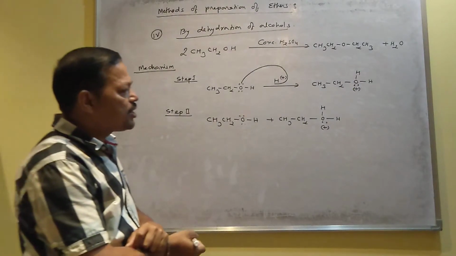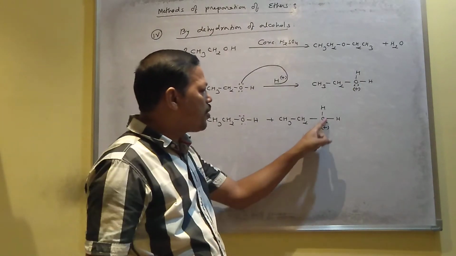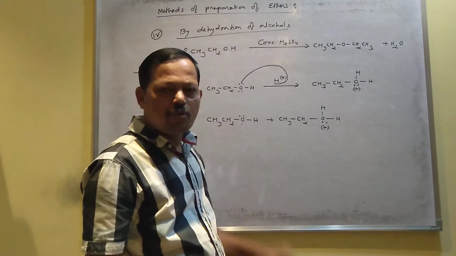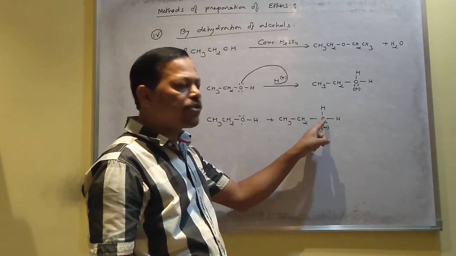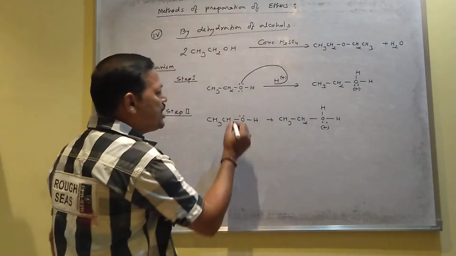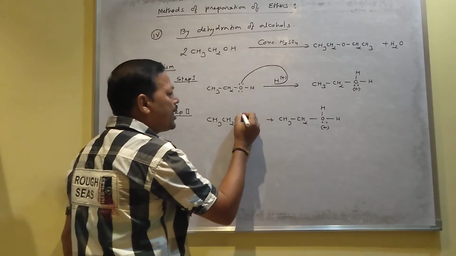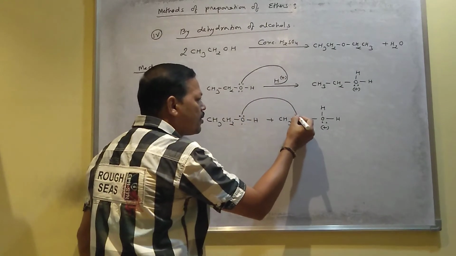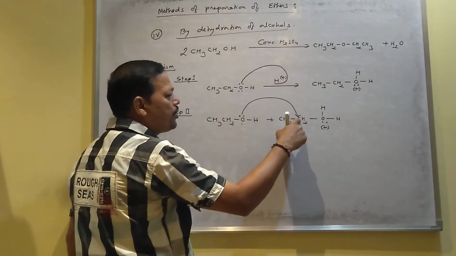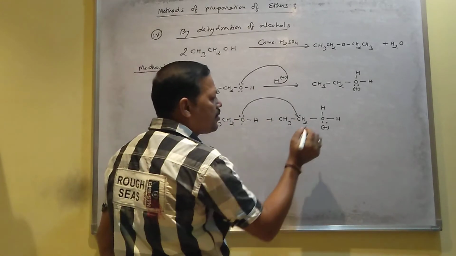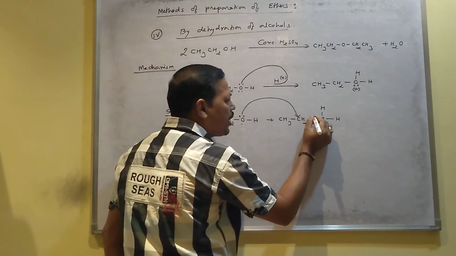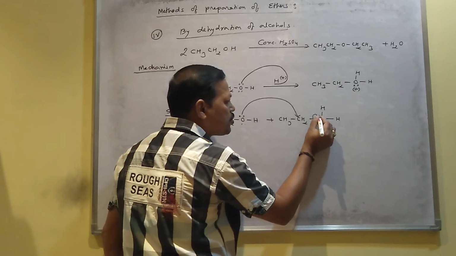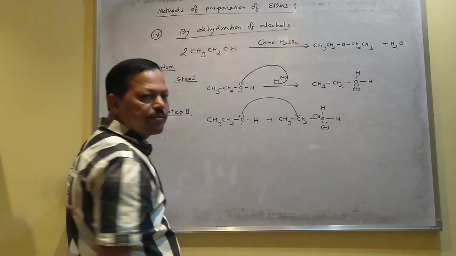Since the oxygen is positively charged, because it contains one lone pair, to make oxygen neutral this lone pair will attack this carbon. The oxygen will be joined with this carbon, and this bond will break, and both electrons come towards oxygen.